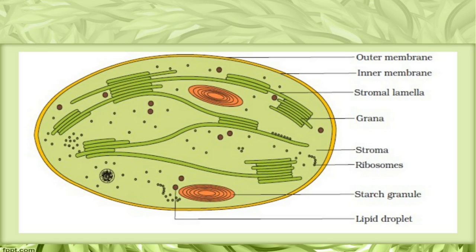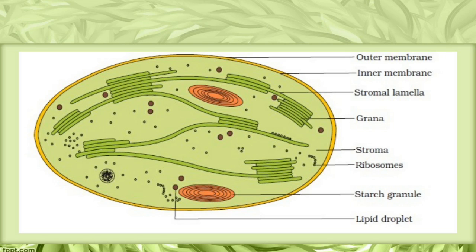See the structure of the chloroplast. The chloroplast is a double membrane bound structure. Outer membrane, inner membrane is there. In the inner space, the membrane bound structure is known as grana. The unit of grana is the thylakoid. And the open space is filled with the matrix, that is known as stroma.